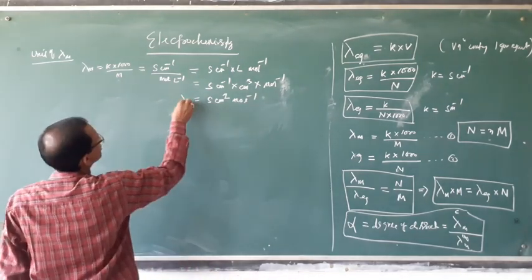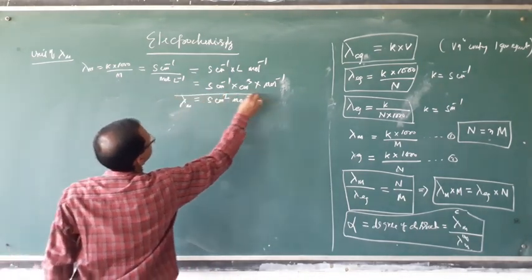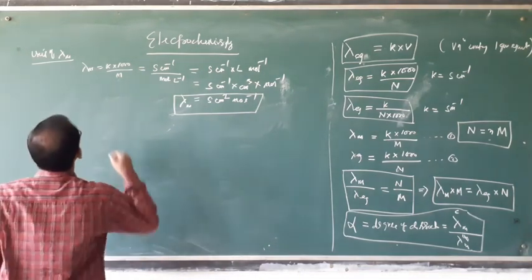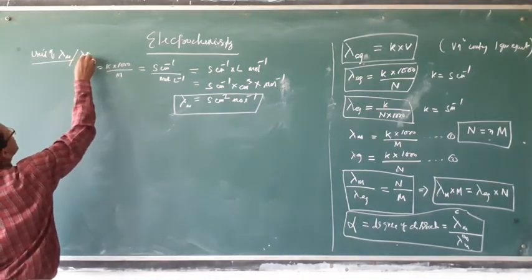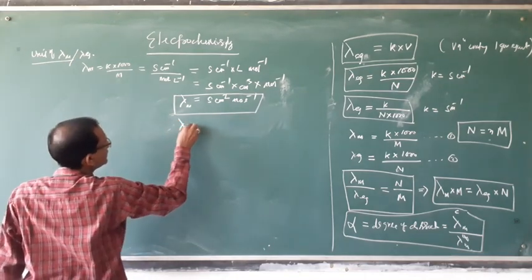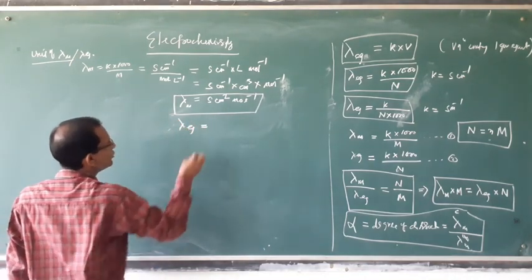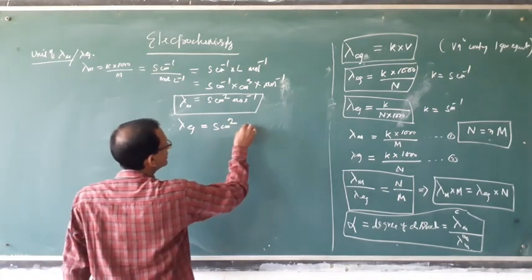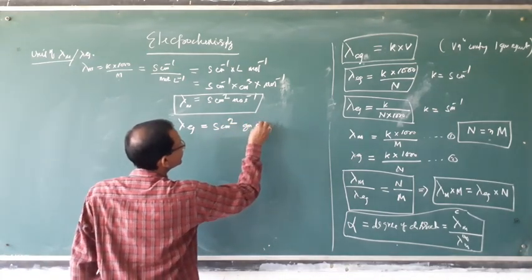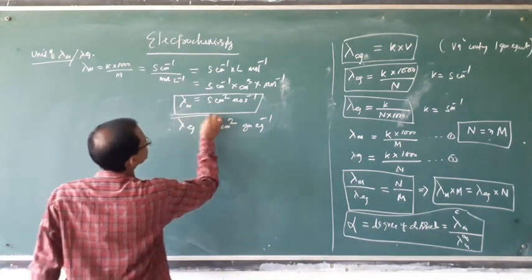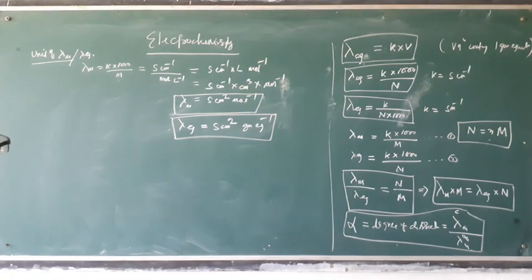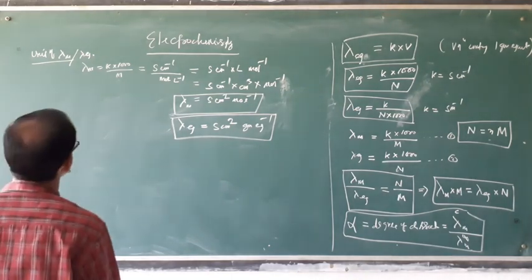So this is your lambda m. Similarly, lambda equivalent is ohm inverse centimeter square gram equivalent inverse. It is very important to use this unit in different problems.